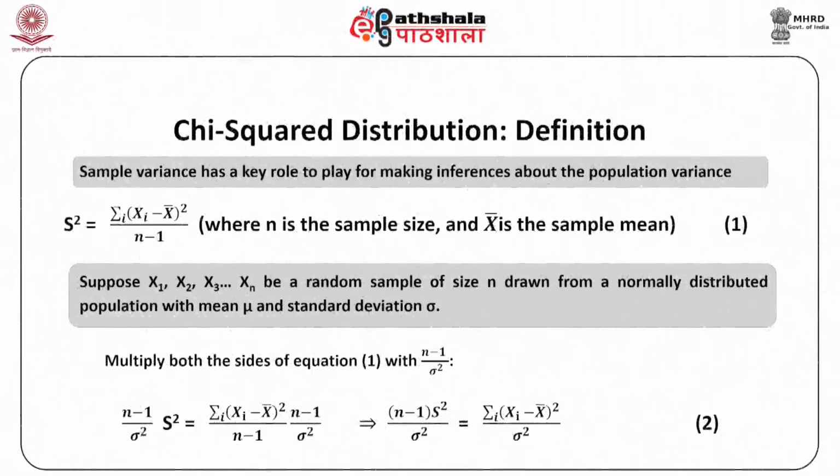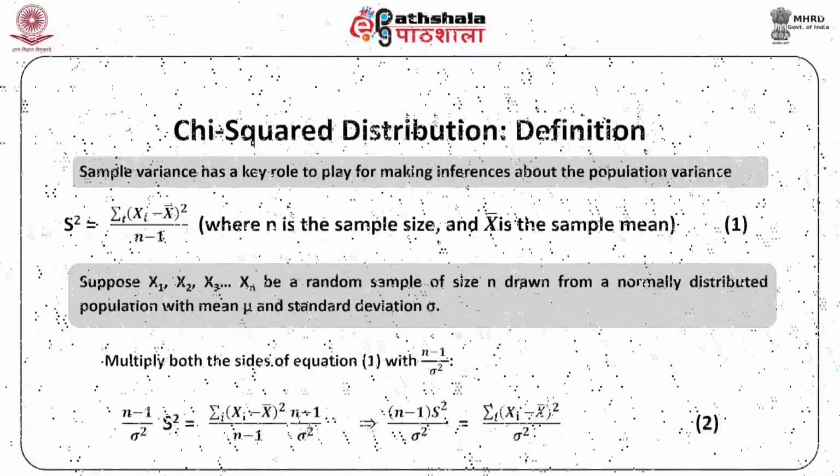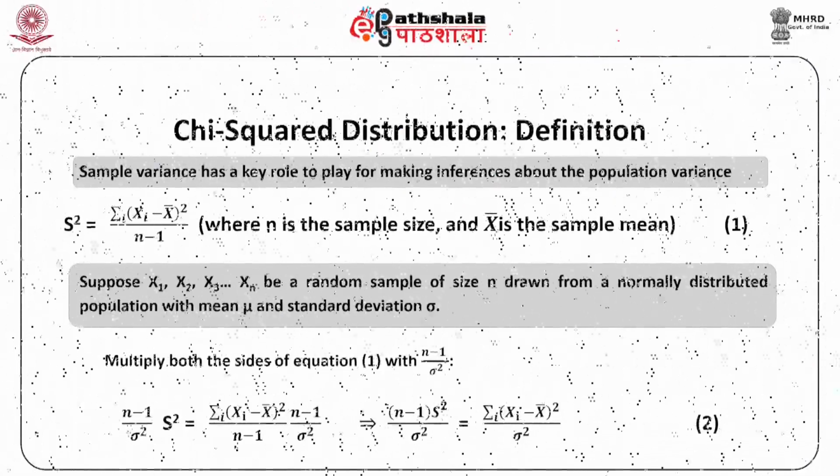Suppose x1, x2, x3, ..., xn is a random sample of size n drawn from a normally distributed population with mean mu and standard deviation sigma.